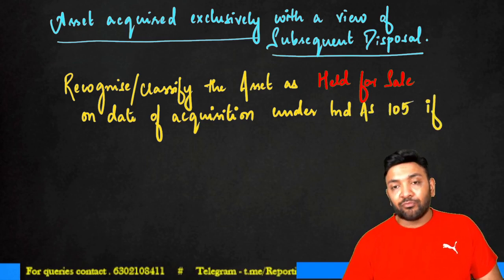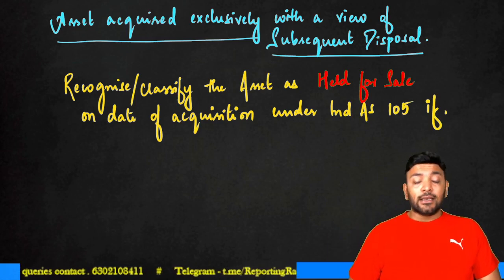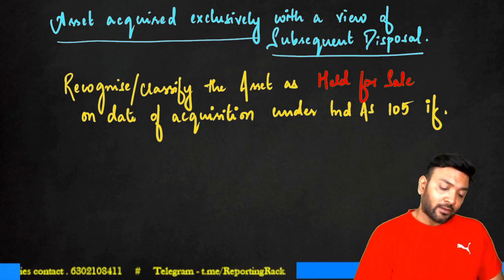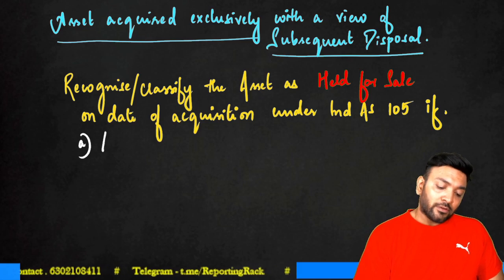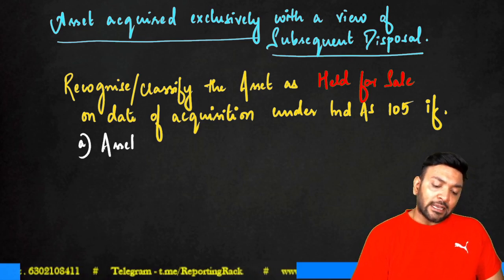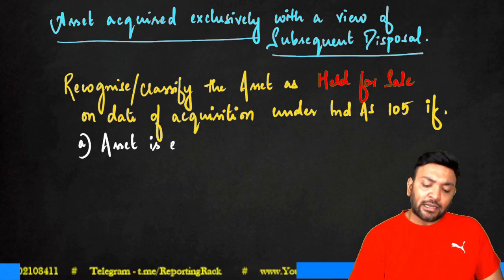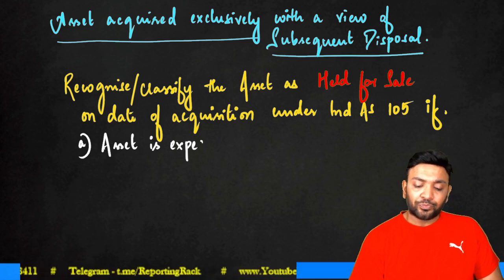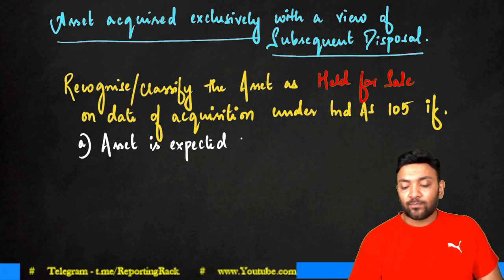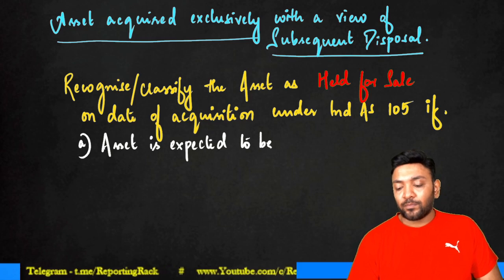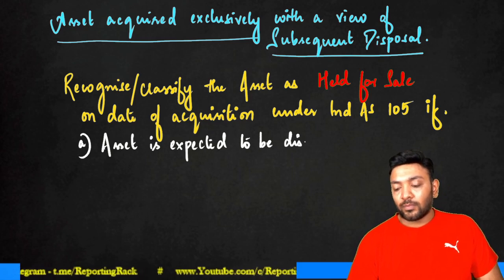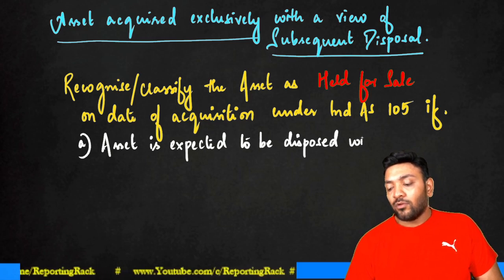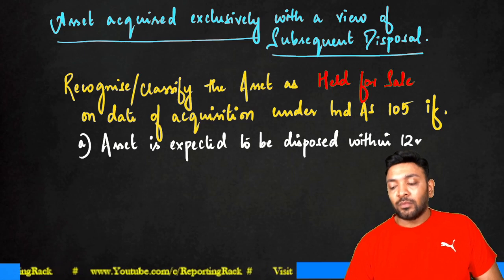If, what is the condition? Number one, asset is expected to be disposed within 12 months, near future.